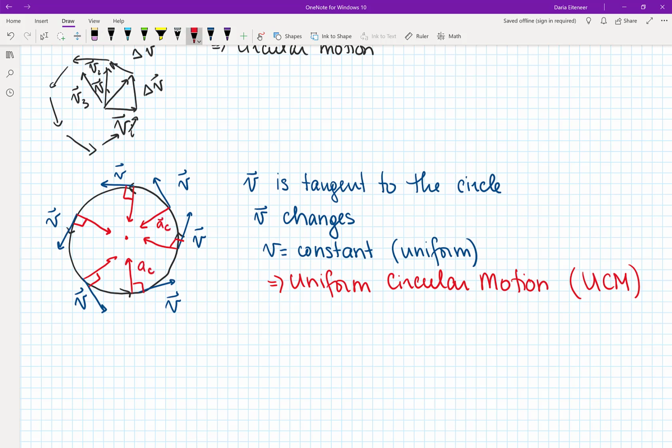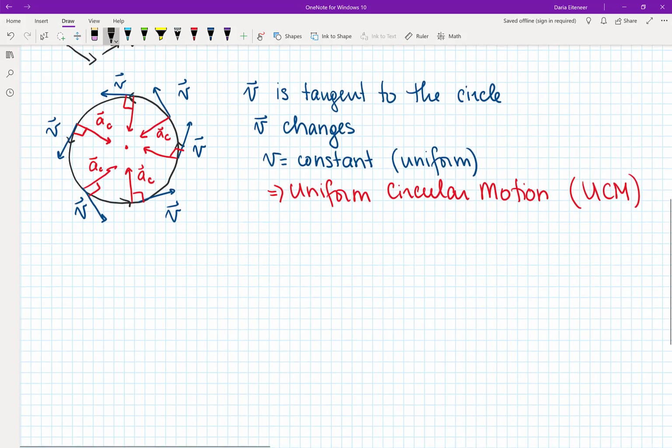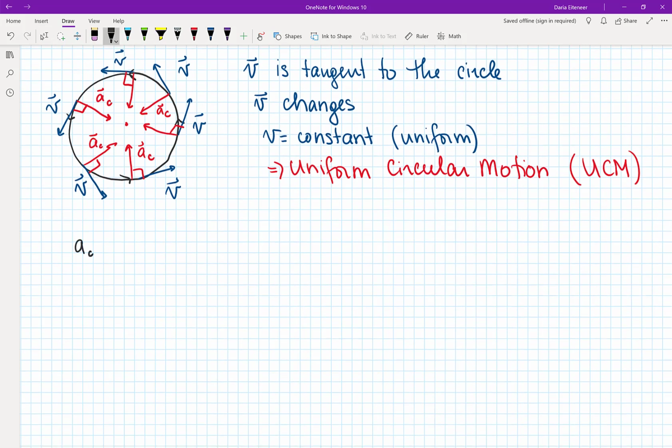I'm going to label all of these as A with a subscript C. AC stands for centripetal acceleration. And the word centripetal literally means towards the center.